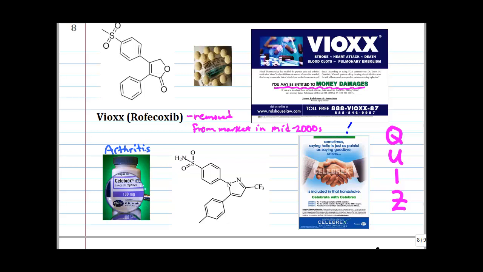But if this is going to be the thing that relieves your chronic pain, then some people have decided that it's worth an increased risk of heart attack. So Celebrex remains on the market. And in fact, some studies have shown recently that it's not as dangerous as some of these other COX-2 selective inhibitors. So this one actually remains on the market. And you will see some commercials for Celebrex on TV and some other places.